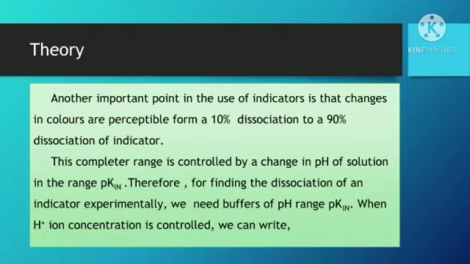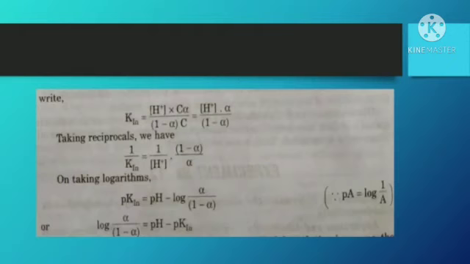Another important point in the use of indicator is that changes in the color are perceptible from 10% dissociation to 90% dissociation of the indicator. This complete range is controlled by a change in pH of solution in the range of pK indicator plus minus 1.